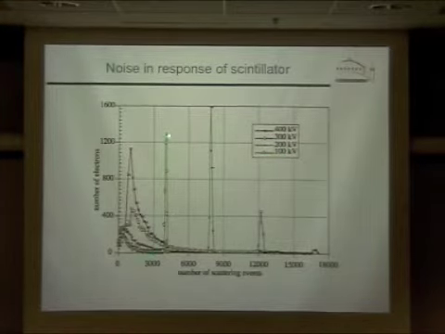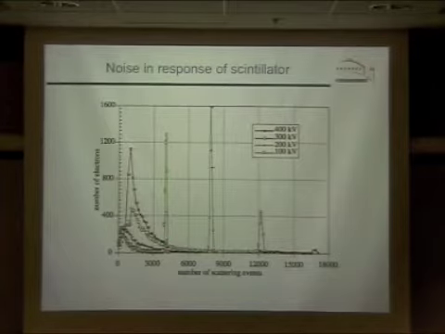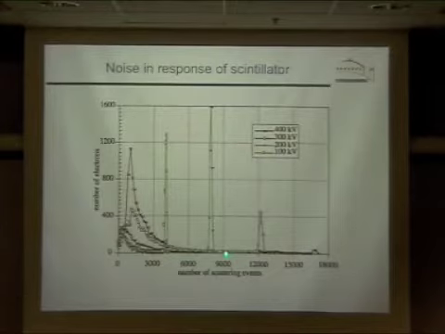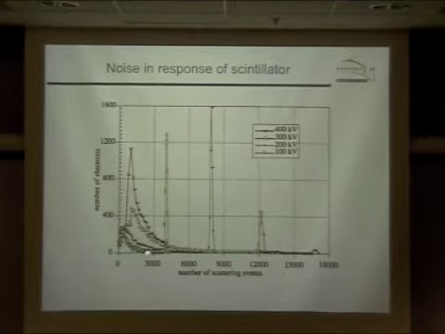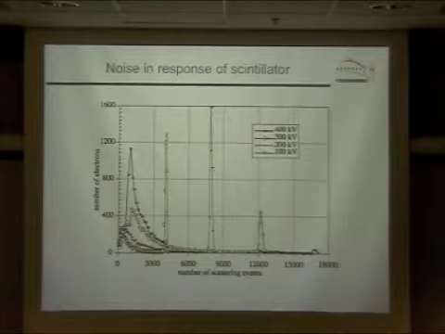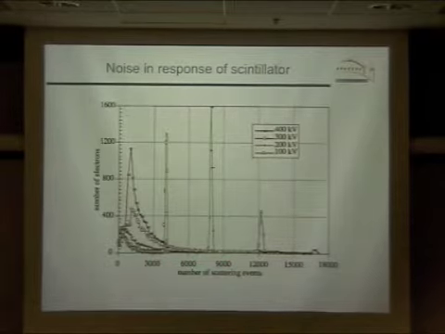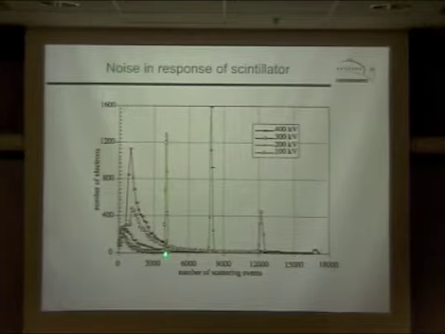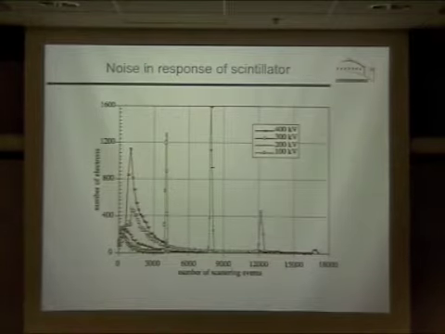This peak here is the number of photons, the number of scattering events, or the number of electrons that produce a certain amount of light on this axis. So at 100 kV, almost all of the electrons produce this much light. So about 4,000, whatever. Could be photons, could be units.